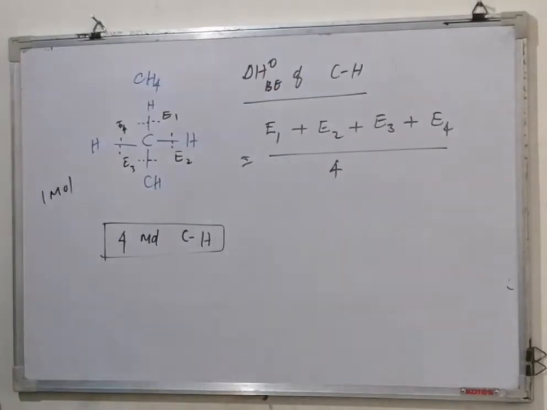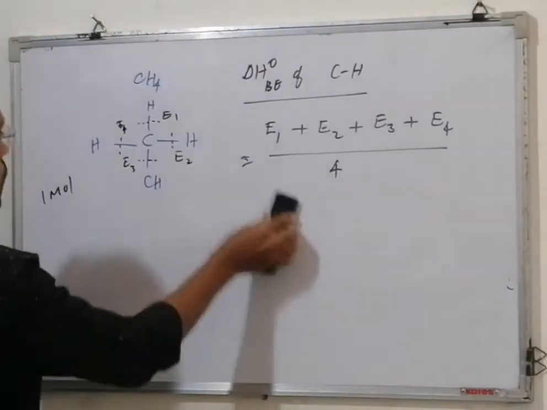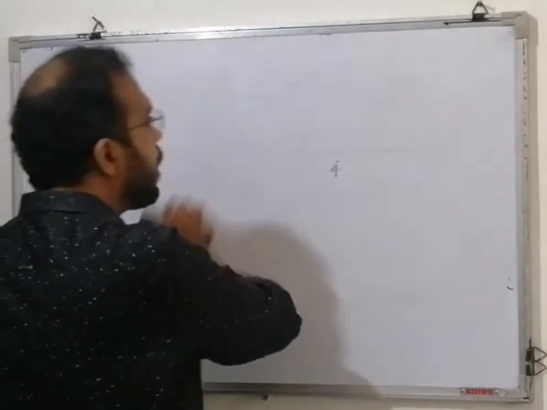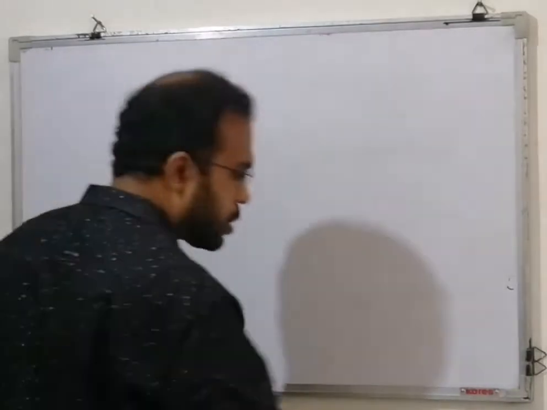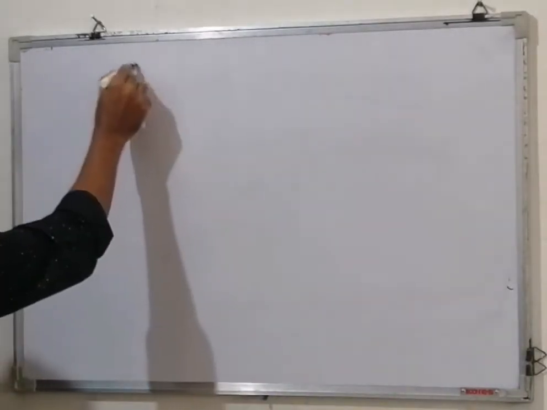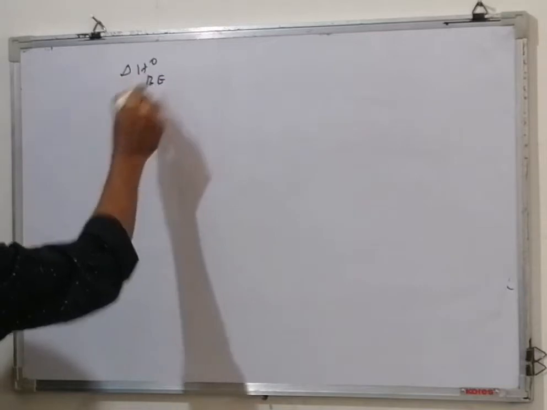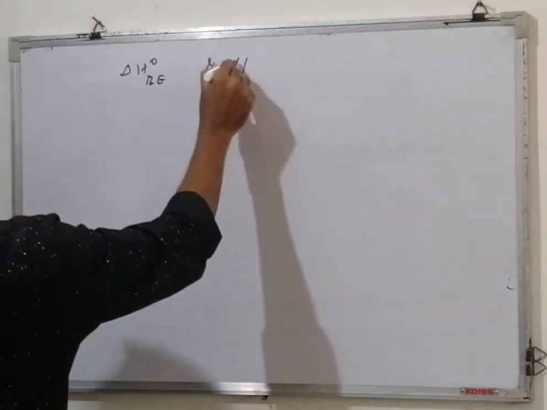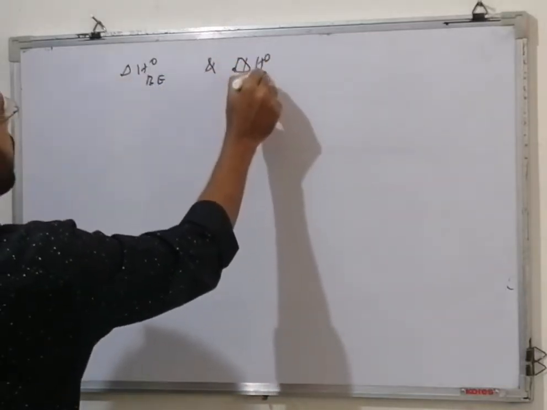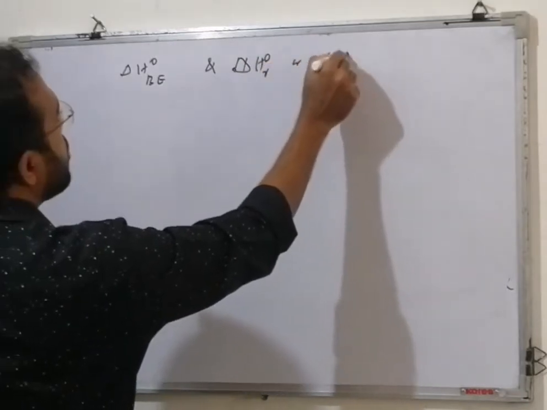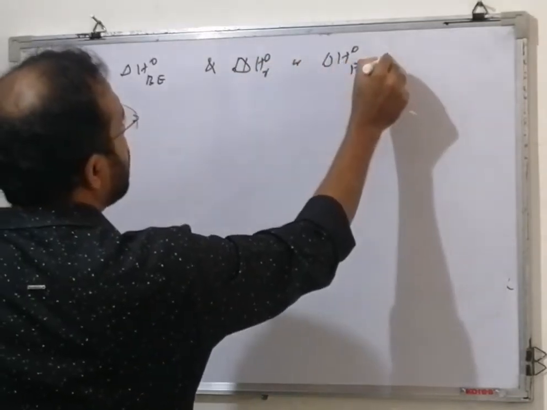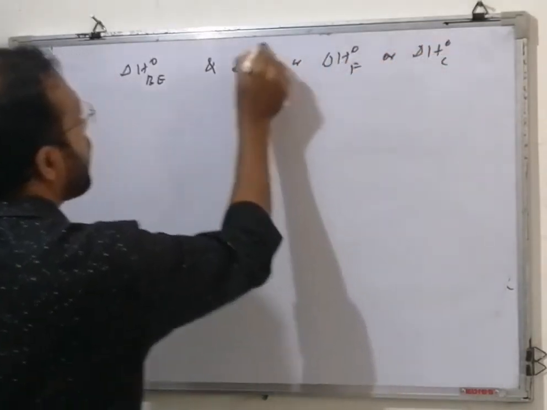Now, bond enthalpy helps to calculate the relation between delta H0 bond enthalpy and delta H0 reaction, or delta H0 formation or delta H0 combustion, anything else. Generally you can say reaction.